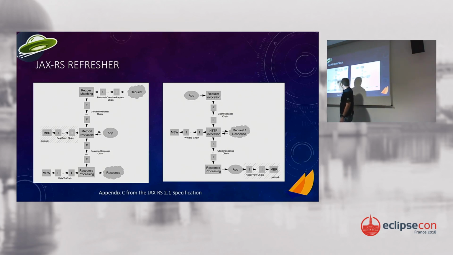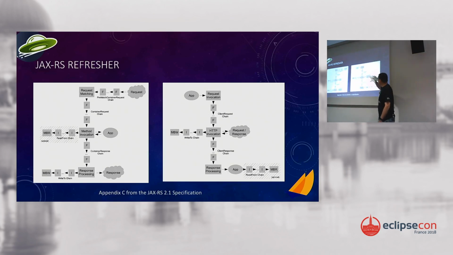Before it's invoked into your resource method, it's going to convert the contents of the request to objects and then invoke your resource method. After that, it's going to send a response, and it goes through a similar chain where it goes through response filters, then writes the data out to the HTTP response.